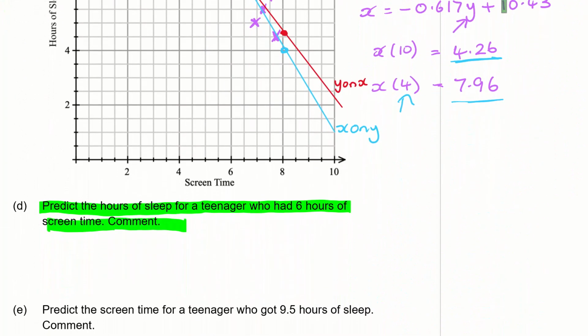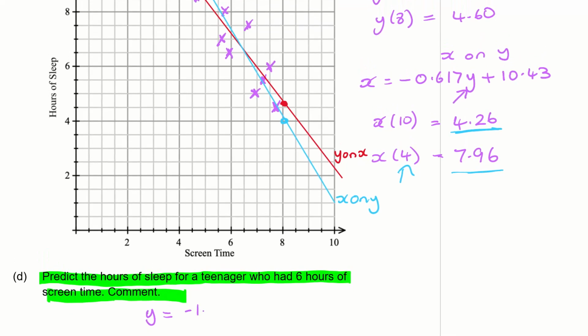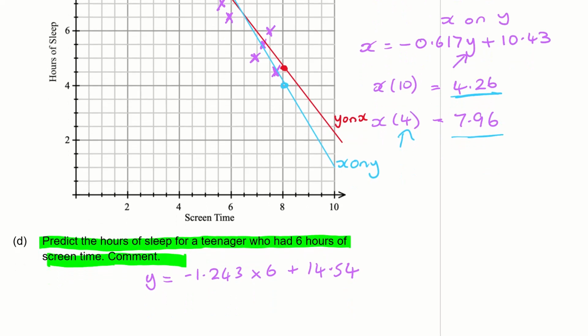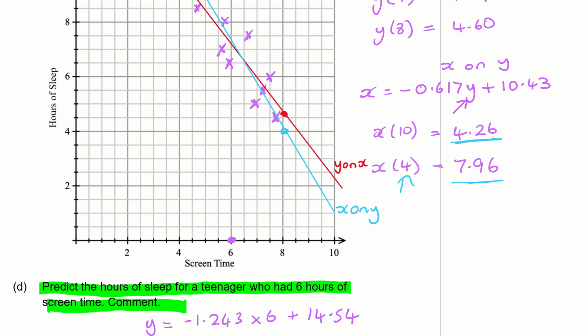So that is going to give me that y is equal to negative 1.243 times 6 plus 14.54. And that gives me 7.08. And x is 6 is nicely within the data, so that is interpolation with a strong correlation coefficient that should be reliable.